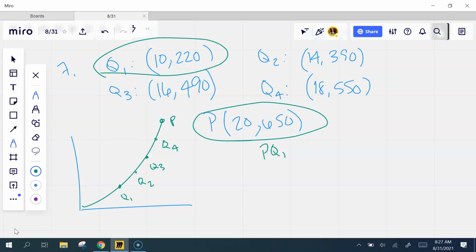If I drew a line between these 2 points, what's the slope of that line? Because that's a secant line. It goes through 2 points. So this would be 220 minus 650 over 10 minus 20, or vice versa.